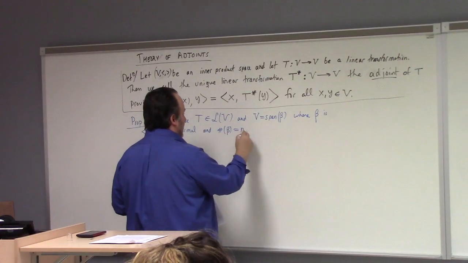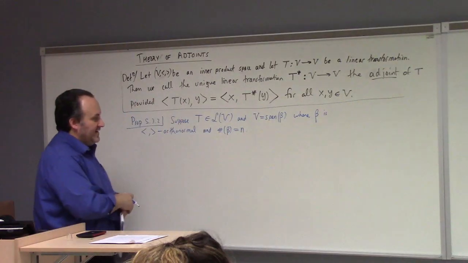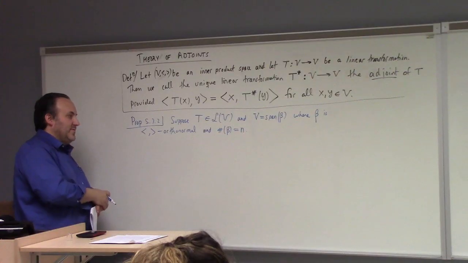So I'm just taking my sweet time to tell you we have a finite dimensional vector space V with an orthonormal basis beta.